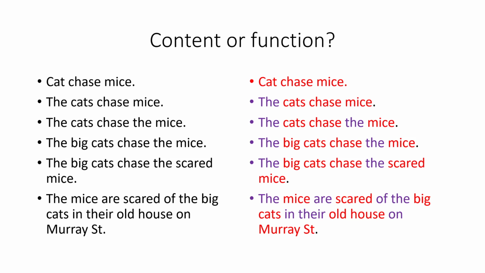So if I say it, it's going to sound like that, of the. Scared of the. And then big is an adjective, so that's going to be stressed, and cats is a noun, and that's also going to be stressed, right? So we've got our prepositional phrase here, of the big cats. Big and cats are stressed, right? Of the big cats. Scared of the big cats.